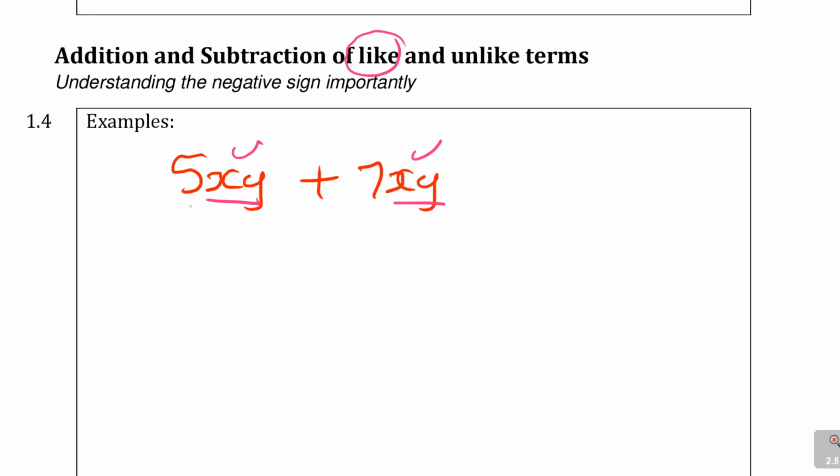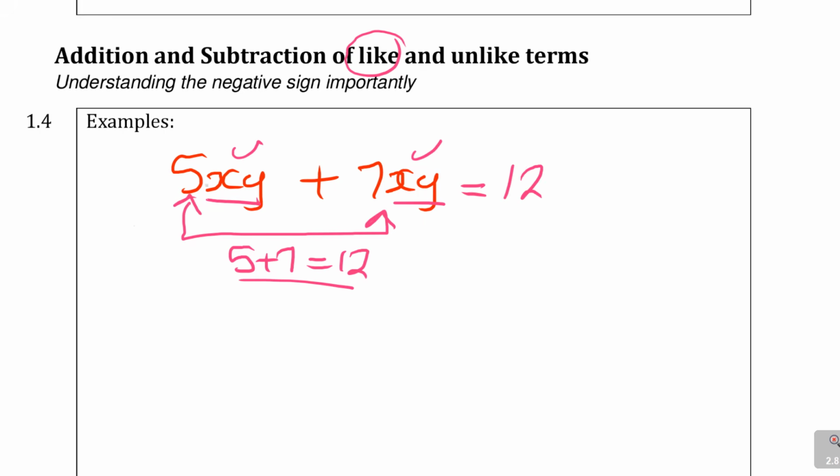Now I just focus on the numbers. What am I supposed to do? I'm supposed to add 5 plus 7. You can do that with the calculator. It gives you 12. Then the answer there is equal to 12. But maintain your variable, which was xy. You don't have to do anything strange after that.